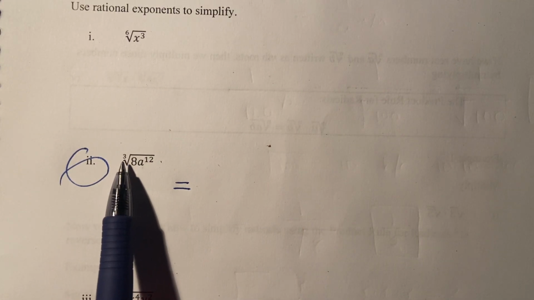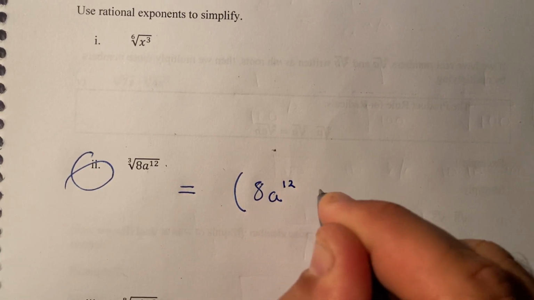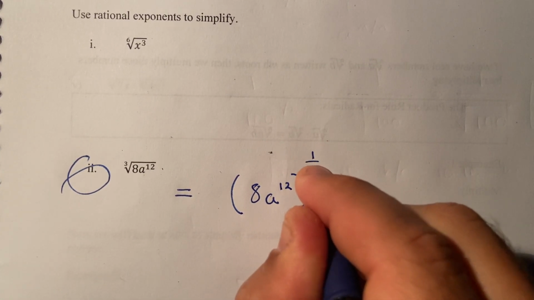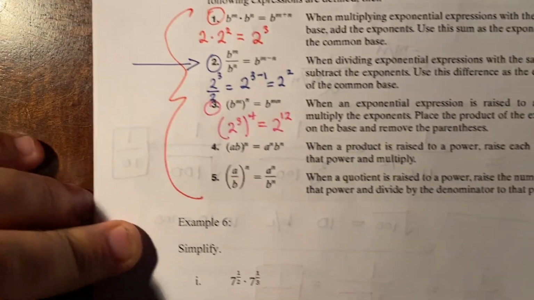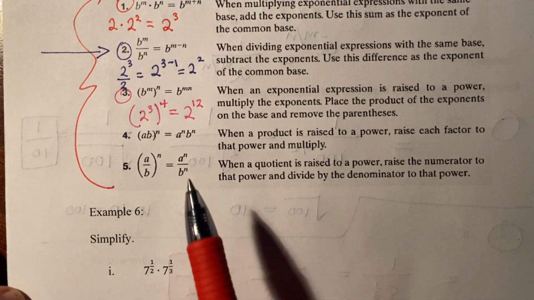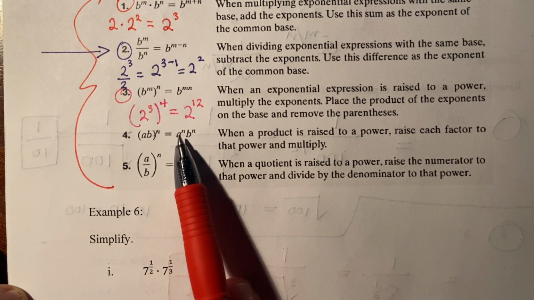So we have a cube root. That means this entire thing, 8a to the 12th, needs to be raised to the 1/3 power. One of our properties on the other page said if you have a product raised to the nth power, that every member of that product takes on that power.